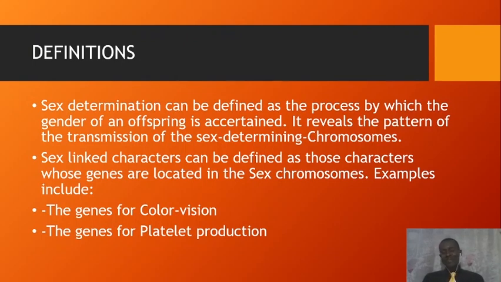Out of that 46 chromosomes, just a pair contains the sex chromosomes, and that pair, during gametic formation, the production of gamete, which in males is called spermatogenesis and in females is called oogenesis. Now, during that process, the pair of chromosomes that determine gender will be segregated.